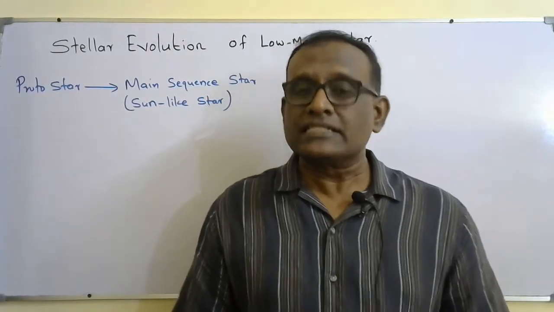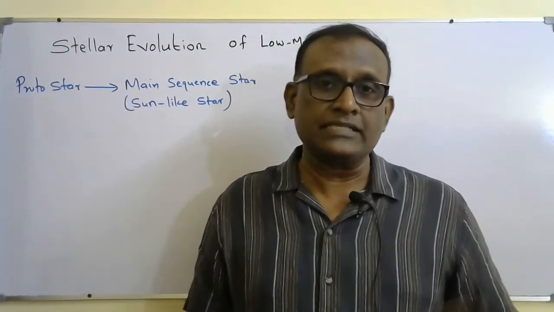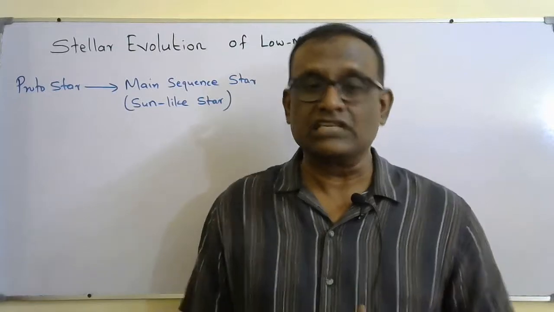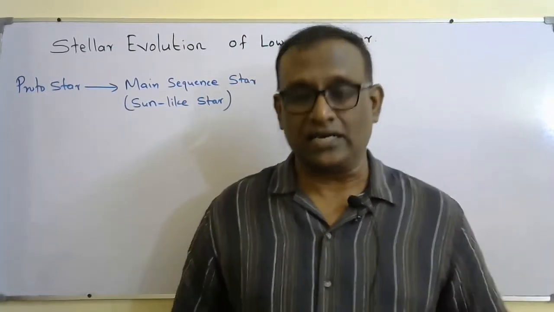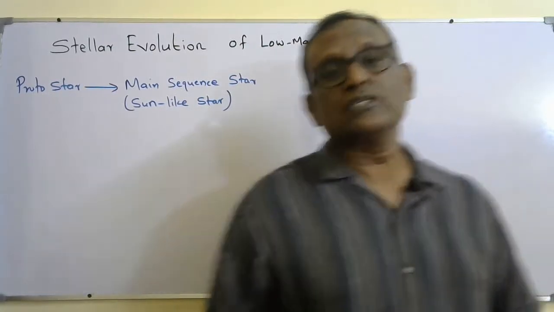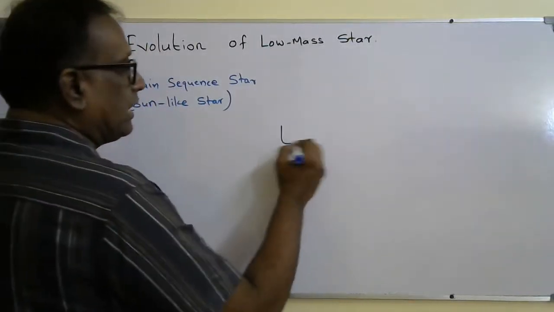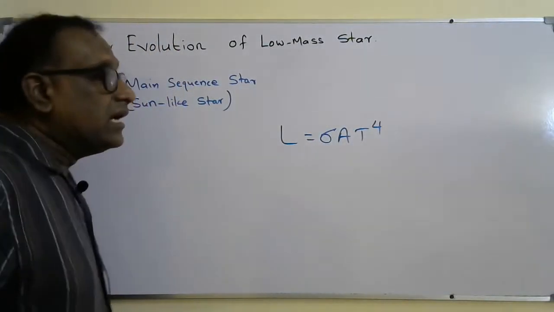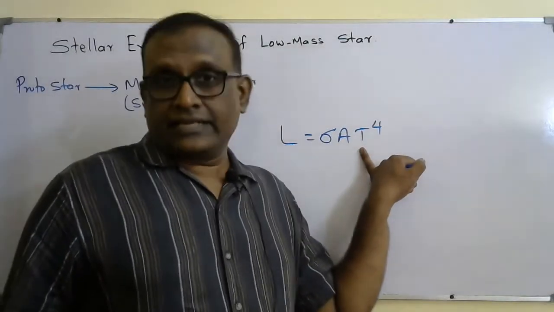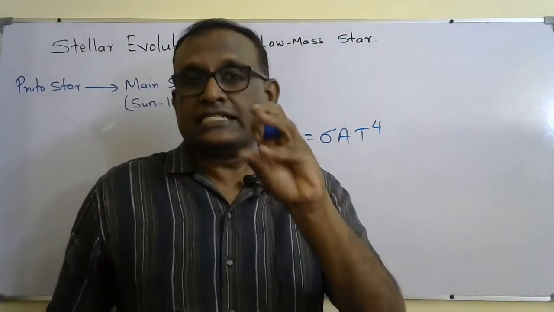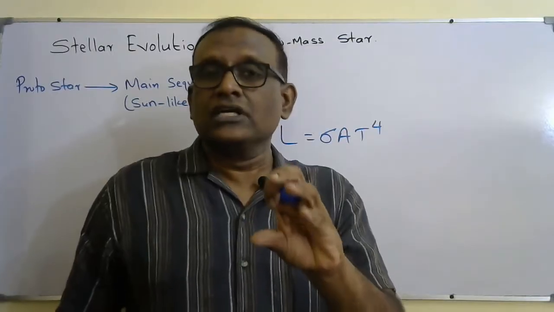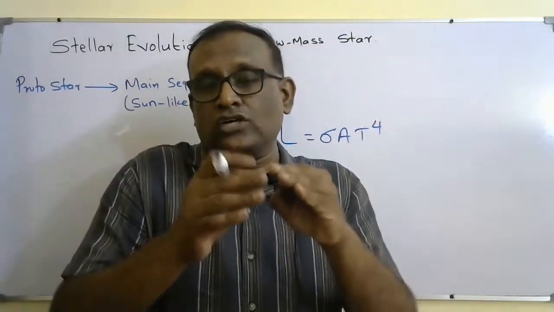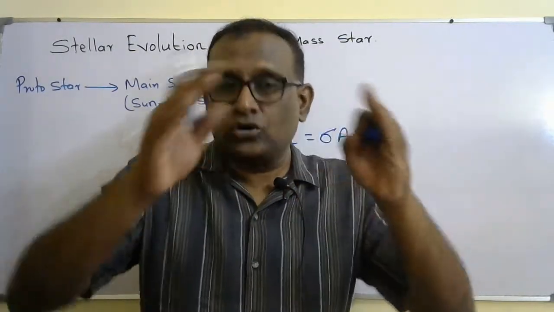Okay, so when the star becomes a red giant, what happens? The increase in surface area will be very large. Therefore, according to the Stefan-Boltzmann law, L equals sigma A T to the power 4, the temperature will decrease. I told you that the hydrogen fusion inside the core is not enough. There could be a little bit of hydrogen fusion in the outer layer.